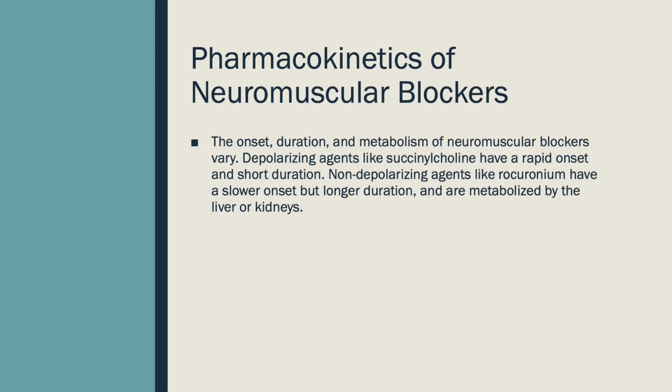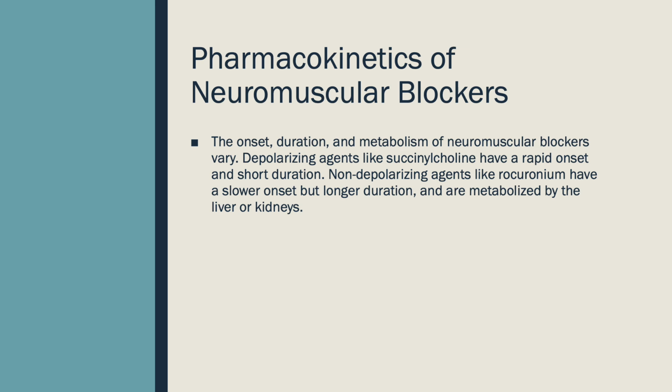Now, the pharmacokinetics of our neuromuscular blockers vary depending on the agent we're using. Succinylcholine has a very rapid onset of action and a very short duration, most of the time, making it ideal for a rapid sequence intubation. Its shorter duration, okay, is due to metabolism by plasma cholinesterase, because it quickly hydrolyzes the drug.